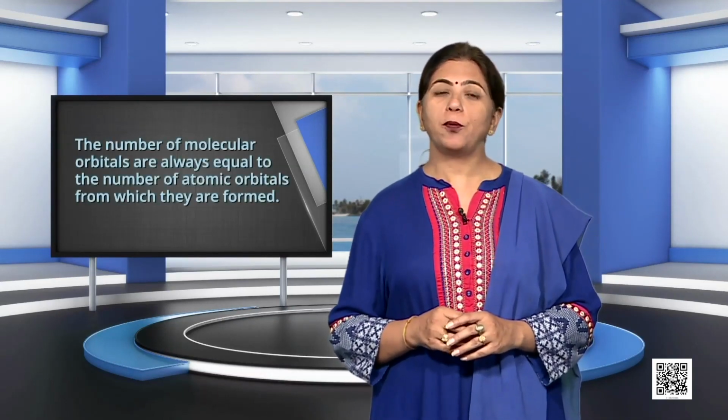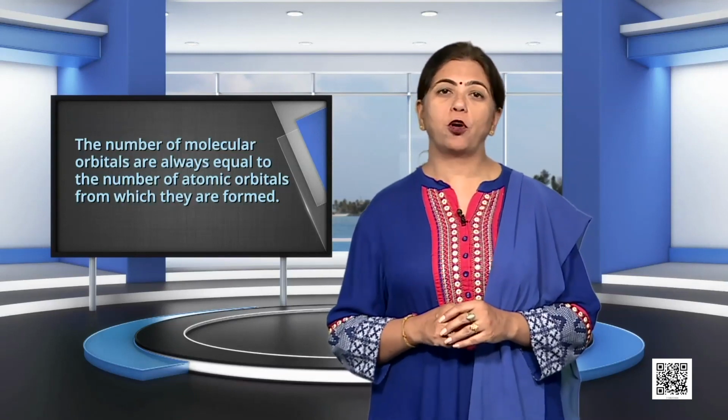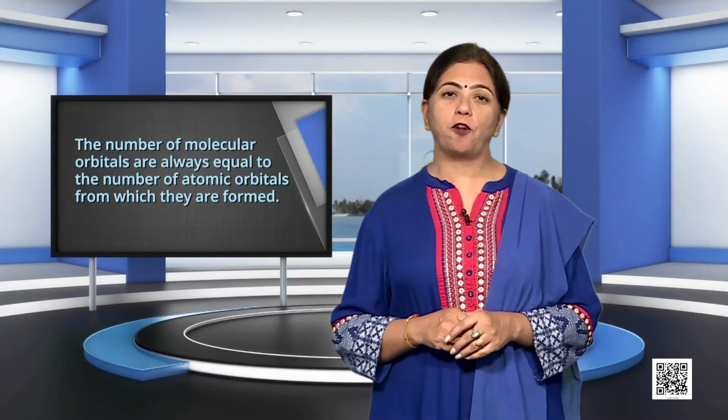So, let us summarize what we have studied today. The molecular orbital theory describes bonding in terms of the combination and arrangement of atomic orbitals to form molecular orbitals that are associated with the molecule as a whole. The number of molecular orbitals is always equal to the number of atomic orbitals from which they are formed.